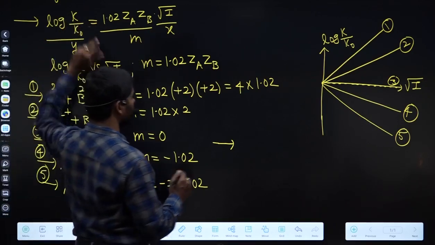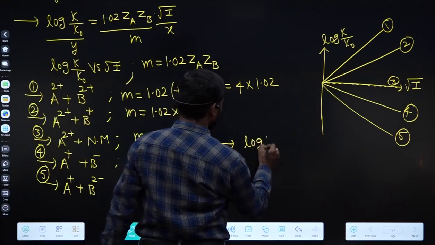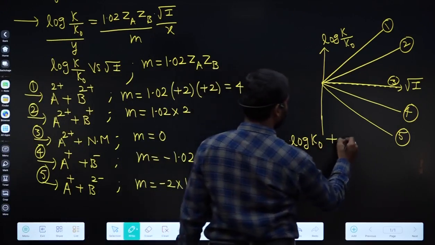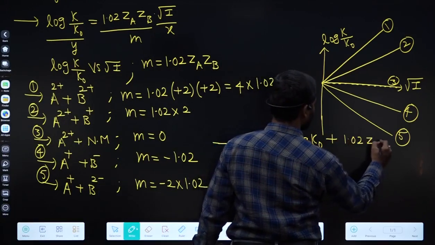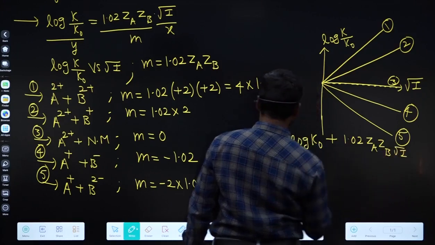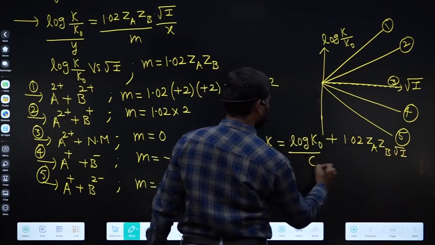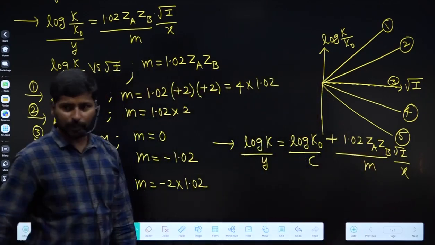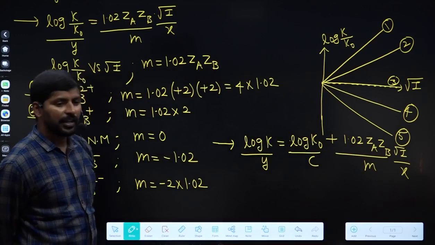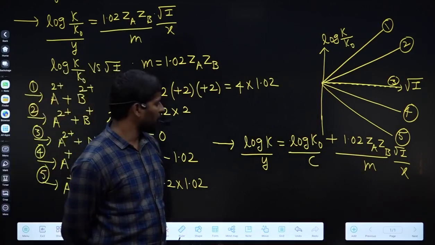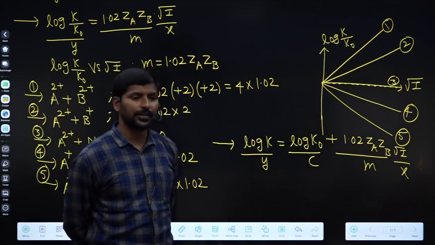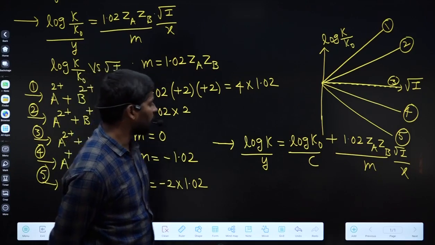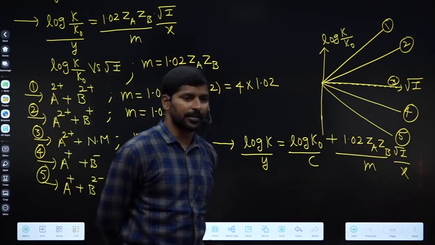Therefore this equation may be written as log k is equal to log k naught plus 1.02 ZA ZB root I. This is in the form of y is equal to c plus mx, and the slope is the same, 1.02 ZA ZB, but in this case we are getting an intercept, log k naught. If you take log k versus root I, the nature of slope is the same, 1.02 ZA ZB, and the intercept is log k naught.